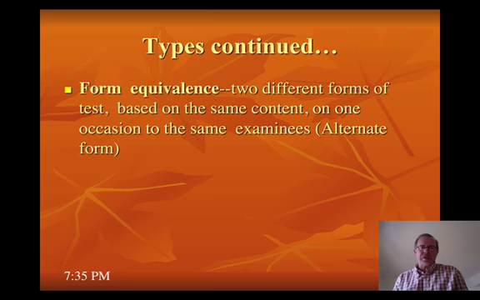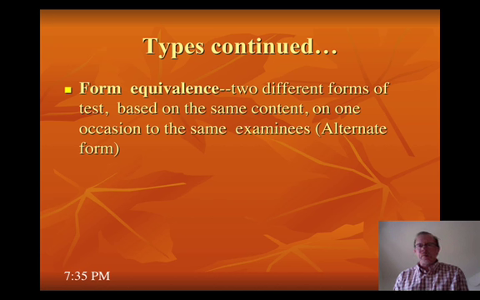Now, what we'll actually do then is take 50 items and turn that into one form of the test, and take the other 50 items and turn them into the second form of the test. And we go through an equating process where we ensure that each of the items is equivalent in difficulty level to each of the items in the second form of the test.